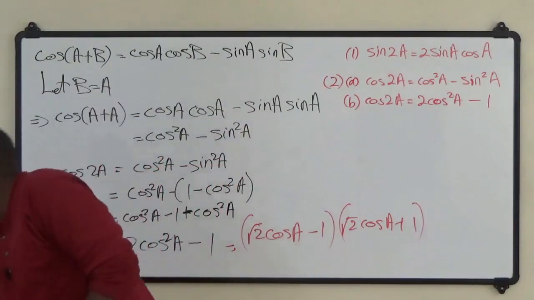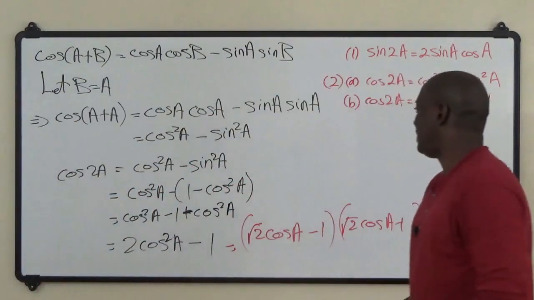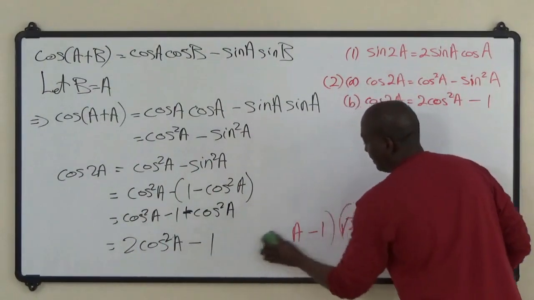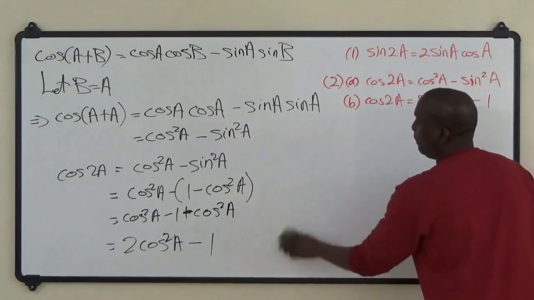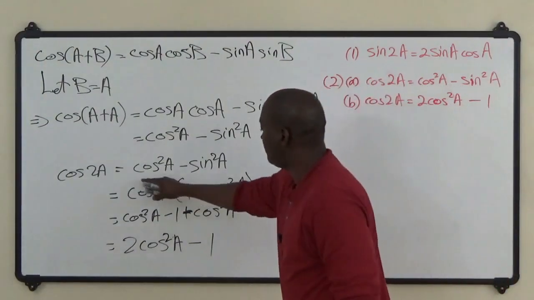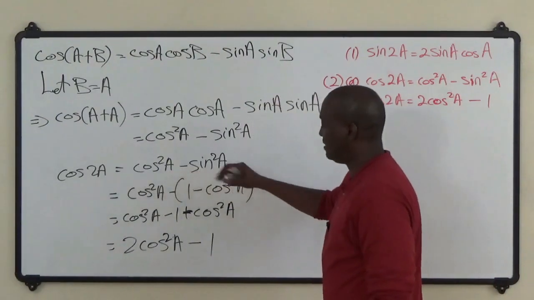Right? So let us now do the same thing on the other side, where instead of expressing it in terms of cosine alone, we want to express it in terms of sine alone.